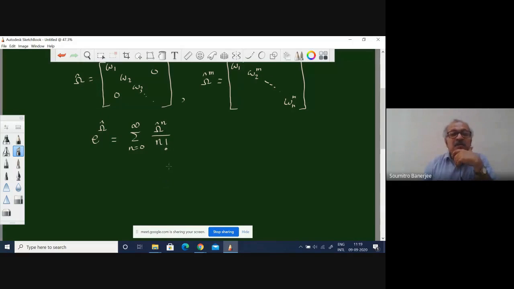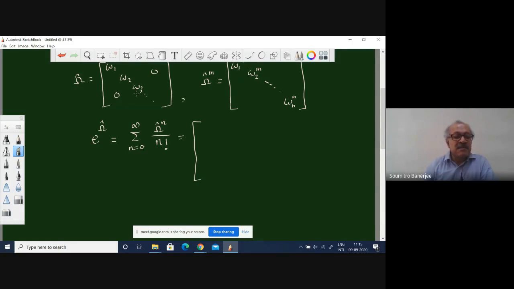So since we can express that as a power series, therefore we can define an exponential of a matrix. And the only thing that one has to be sure of is that this power series converges, and that convergence can be ensured in most cases, and there are theorems to that. I'm not going into that issue. Point is that we can also define an exponential of an operator. So, and this exponential of an operator, how would that look like as a matrix?